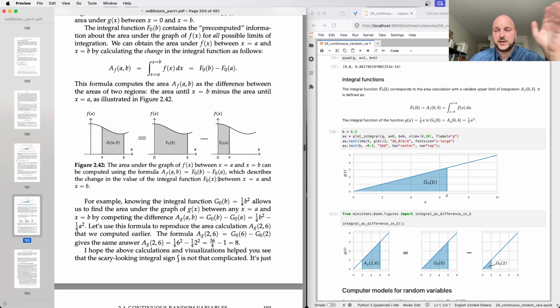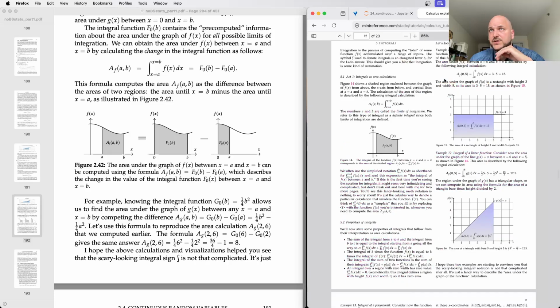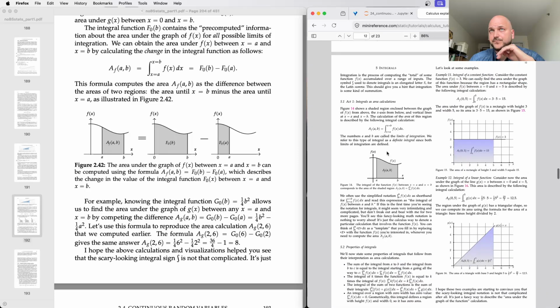If you've never seen calculus before and you don't know about integrals, then I recommend you check out the calculus tutorial. Right now it's available as a separate PDF, but in the future this will become Appendix F. This is optional reading. If you want to review some math, I want you to focus on section 5.